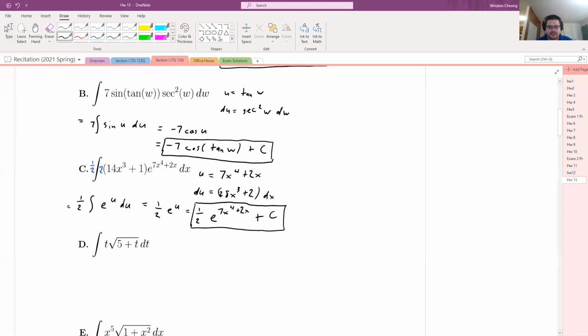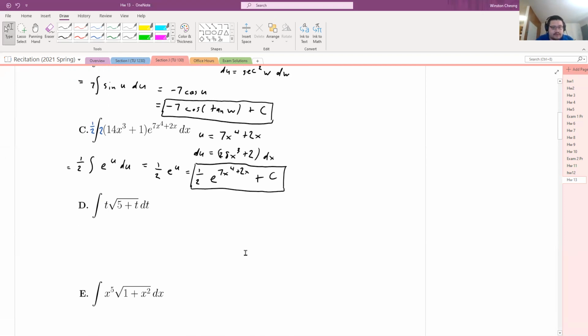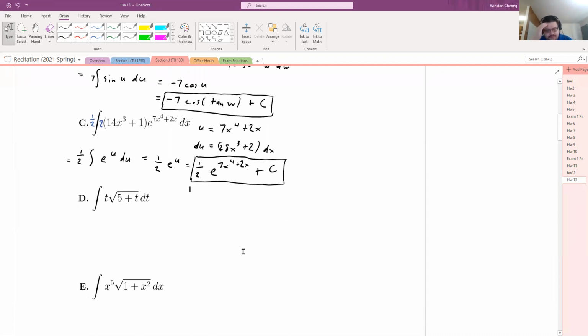When you suggested e to some power, you would then compute the du and you'd see that you captured too much, because you can't fully replace out the du. So hopefully just practice a few things. You can find stuff from Paul's Online Notes, that guy's website, for example. If you need extra practice for u sub, I can recommend that.